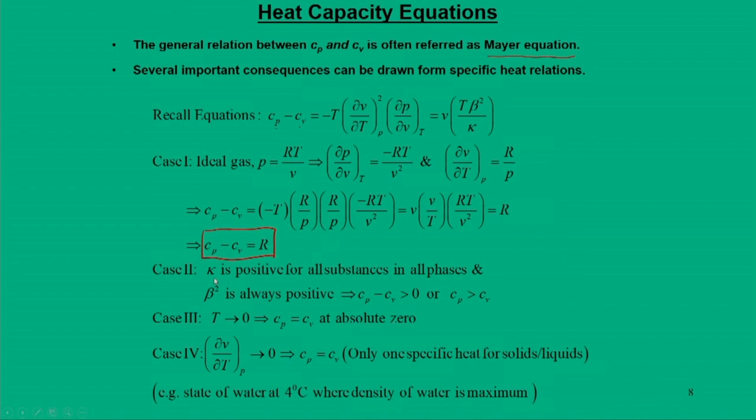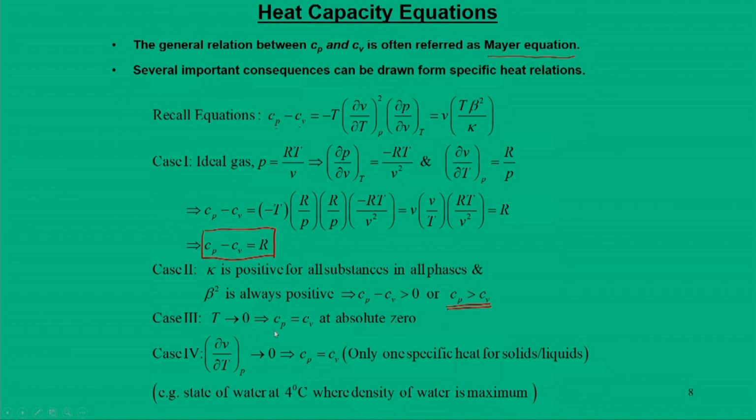And in fact, more importantly, kappa is positive for all substances in all phases. This is an experimental evidence, and because of this reason we say that Cp minus Cv is greater than 0, or Cp is greater than Cv, which means specific heat at constant pressure is always higher than the specific heat at constant volume.